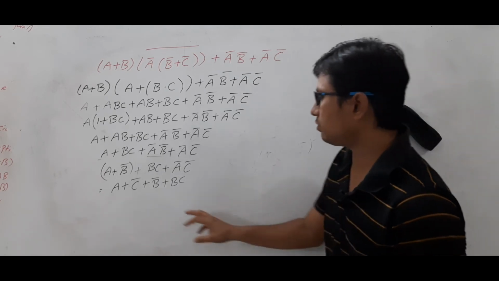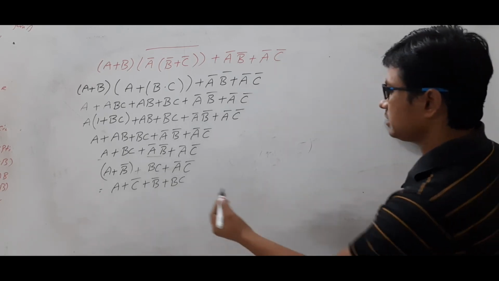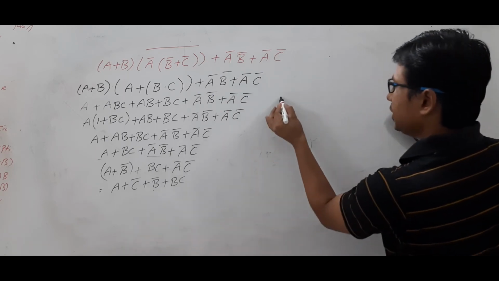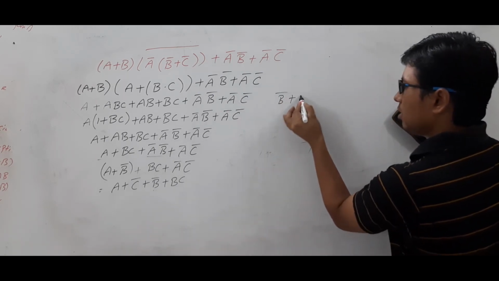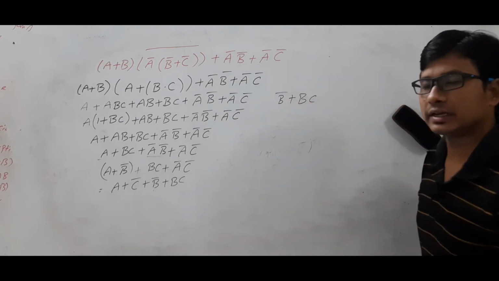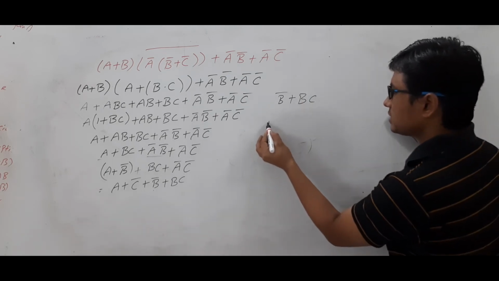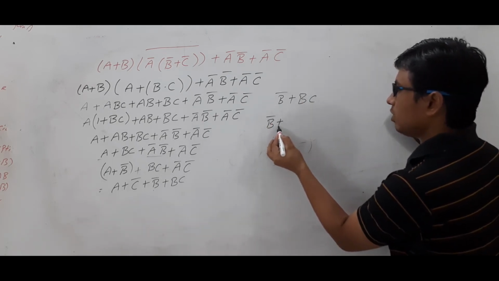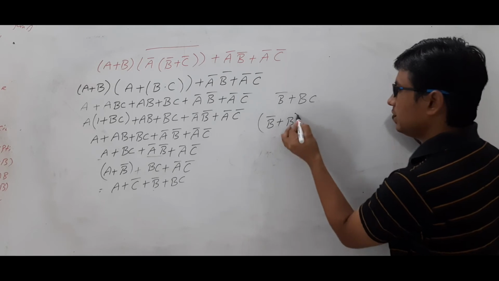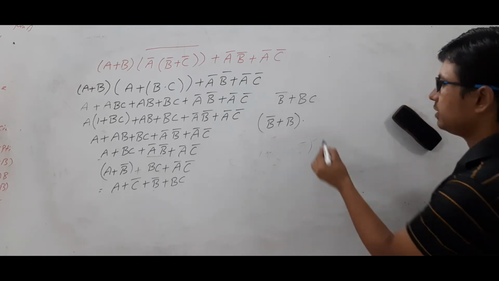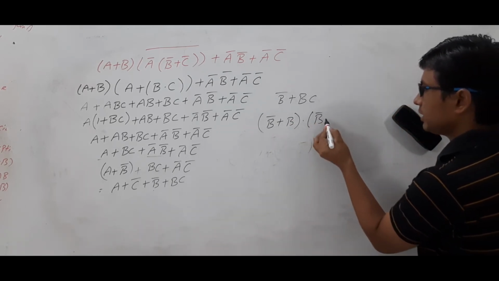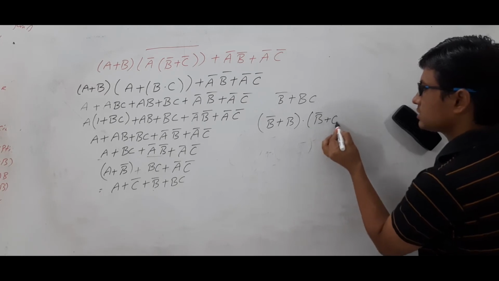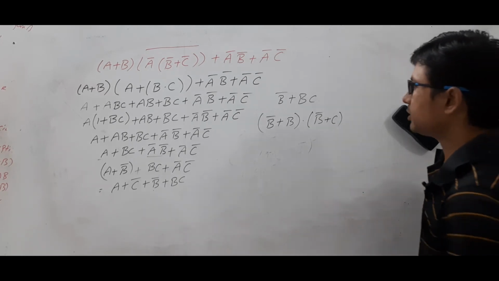Now again what I will do, again I will take this two, B complement or BC I will take. This can be written as B complement or B and B complement or C. Will you agree with me or not?